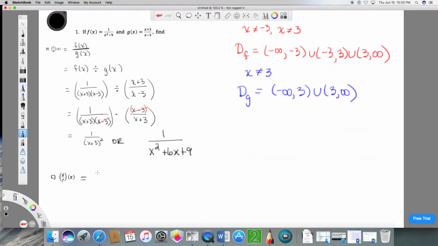But I already know what f divided by g is. I know that it's just the reciprocal of my answer in B. This 1 over x plus 3 squared, if I flip that, it's x plus 3 squared over 1. Well, I don't have to write divided by 1. And if you wanted to, you could multiply it out.